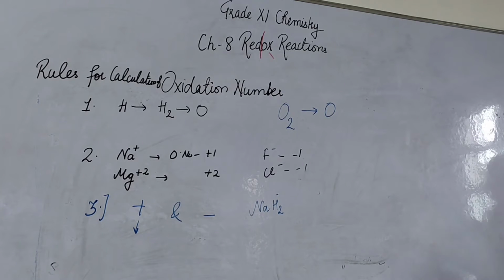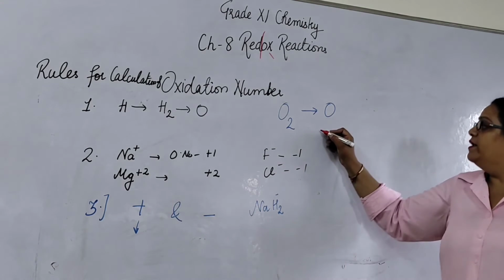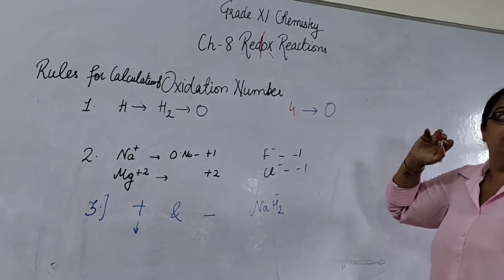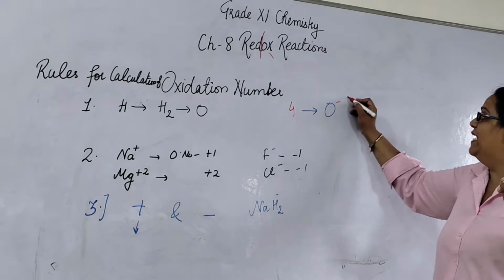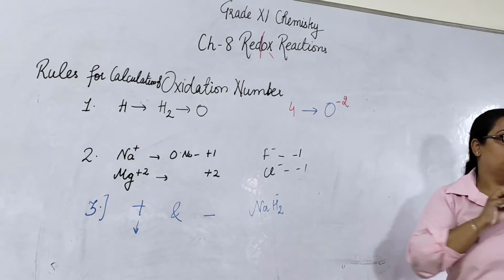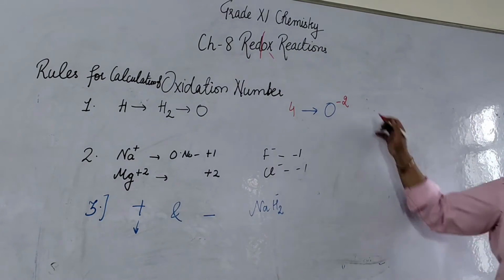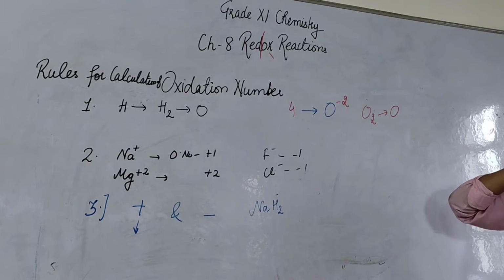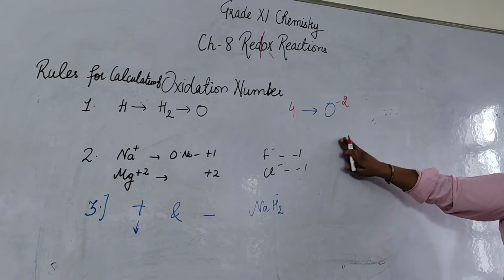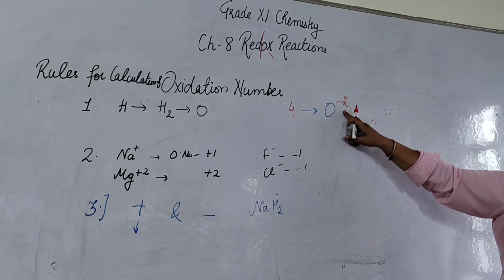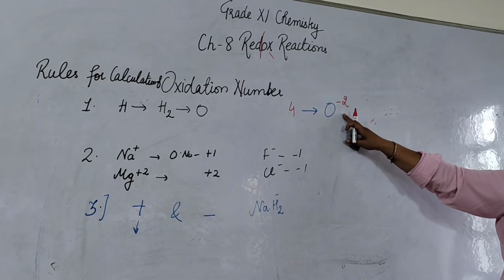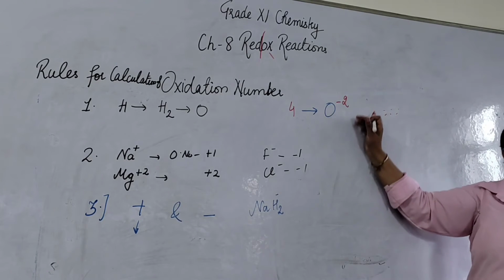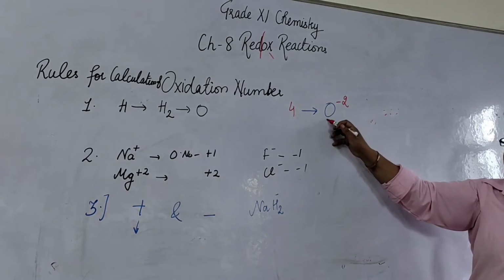Second, very important, regarding oxygen. The charge on the oxide ion is -2. If it is the oxygen molecule, then it must be 0. But when it is present in the oxide form, its oxidation number is -2. But there are a lot of exceptions.